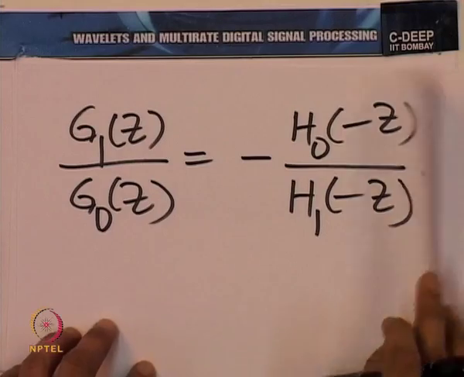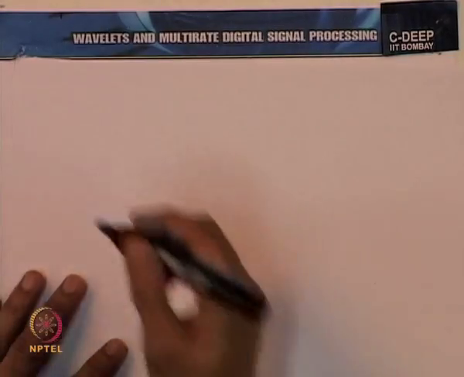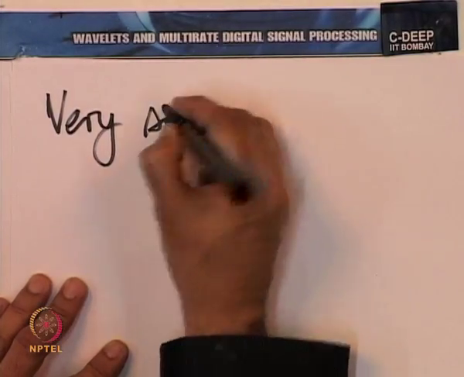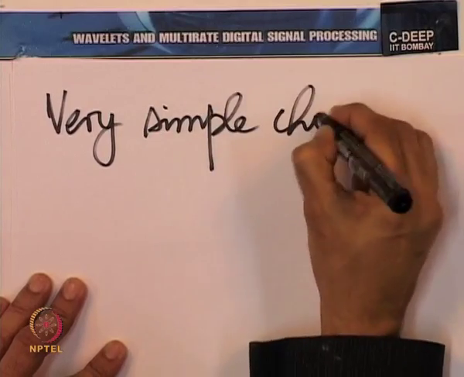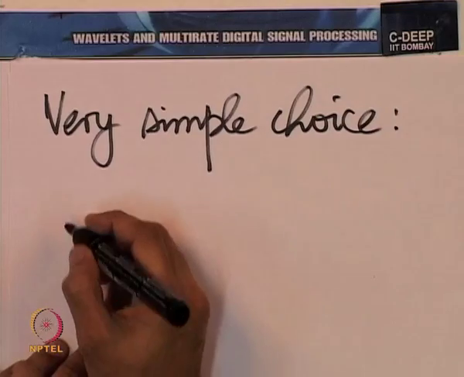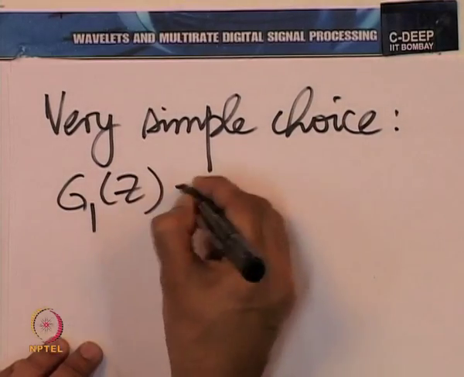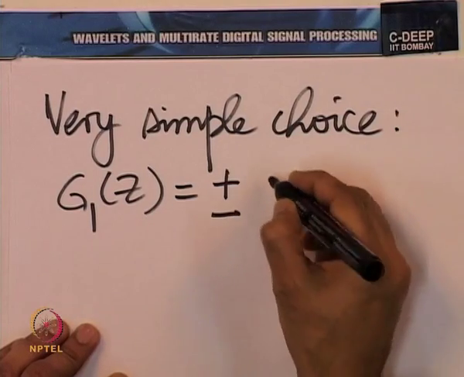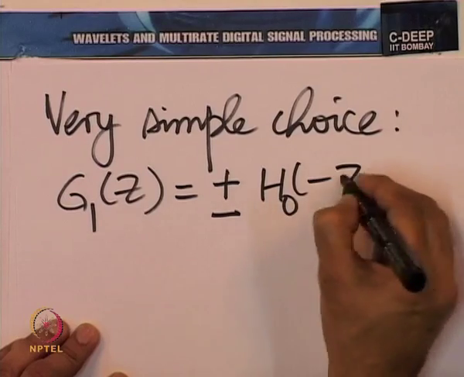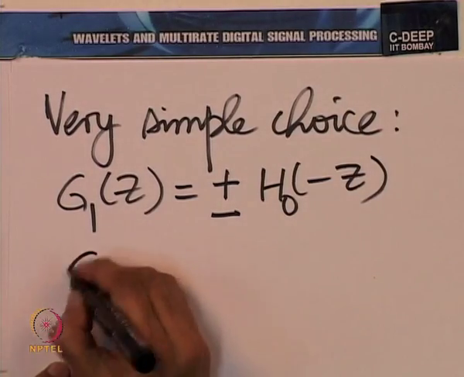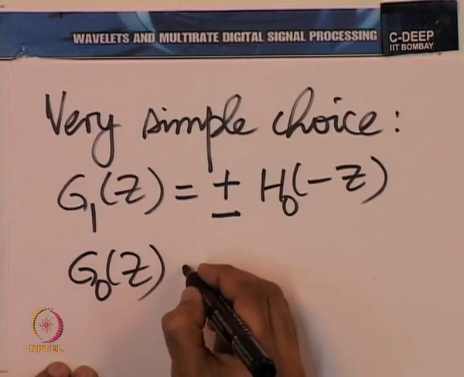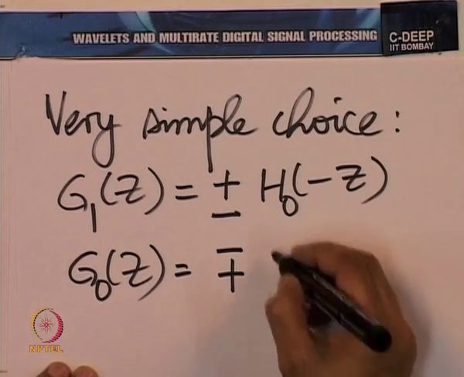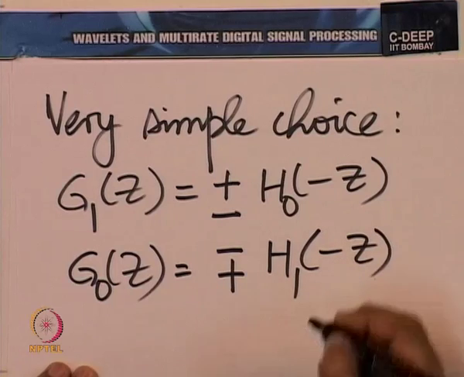And of course, a very simple choice is G 1 z equal to the numerator, let us say plus or minus H 0 minus z, and correspondingly G 0 z is minus respectively plus H 1 minus z.